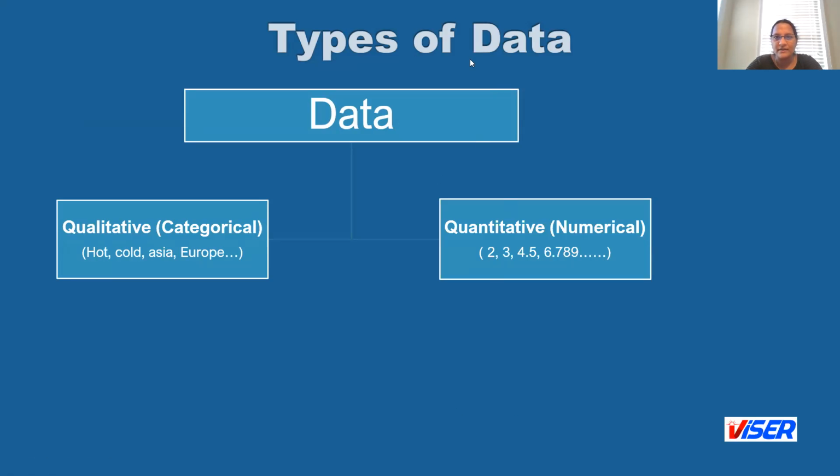Quantitative data is the data which is either in whole numbers or in floating point numbers or decimal numbers.